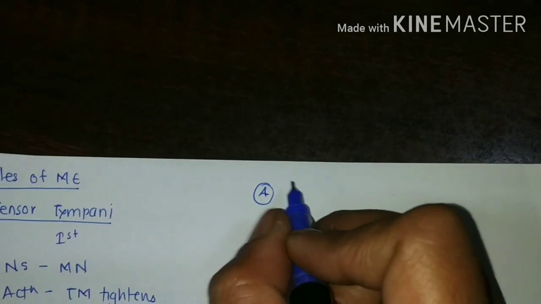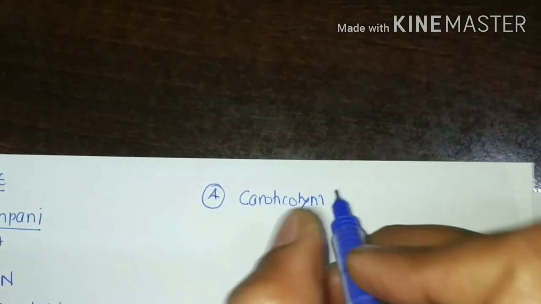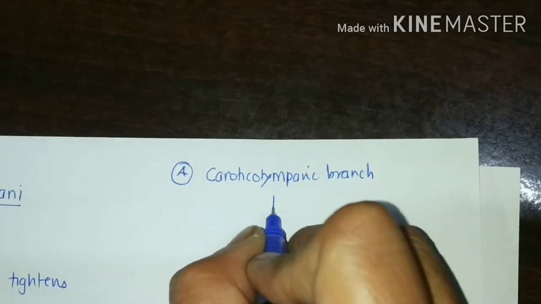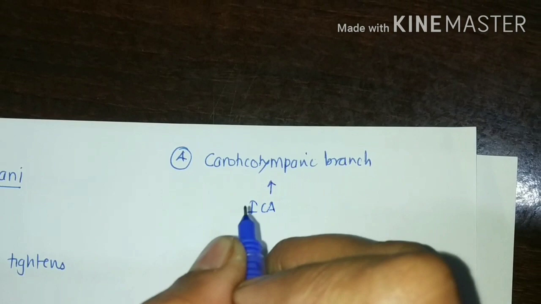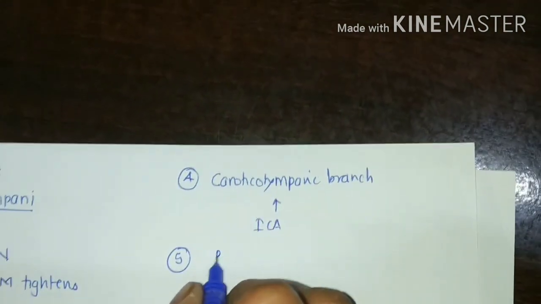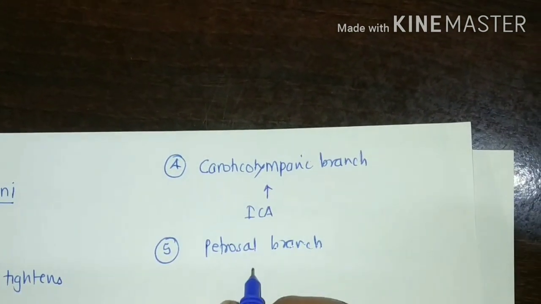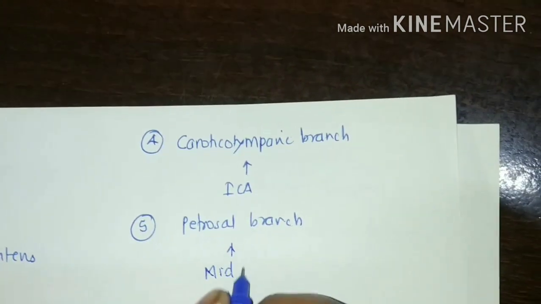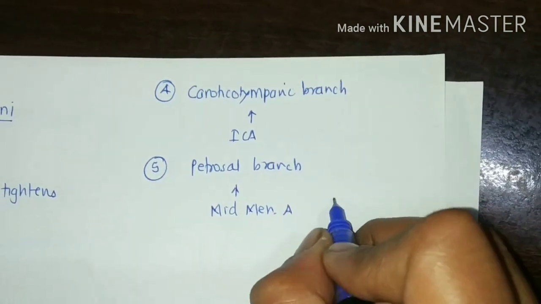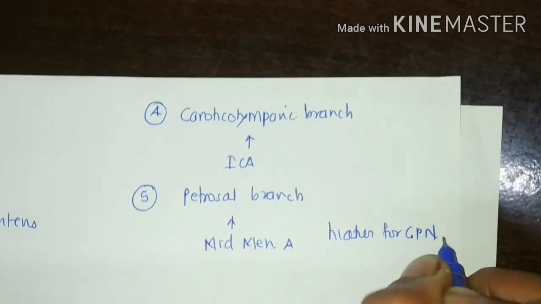So the fourth artery is the carotico-tympanic branch, which comes from internal carotid artery. And finally there is fifth artery, which is the petrosal branch, and it comes again from the middle meningeal artery and it enters through the hiatus for greater petrosal nerve.